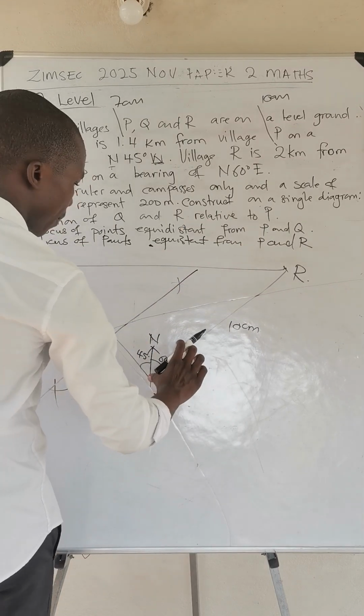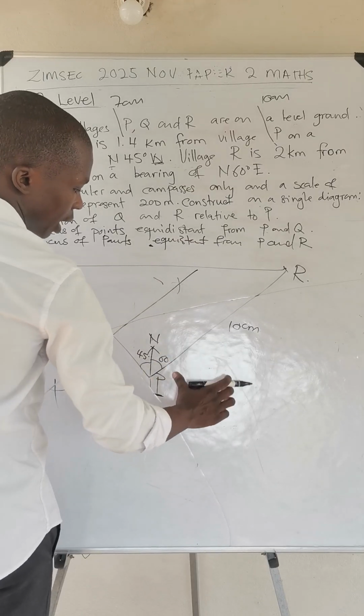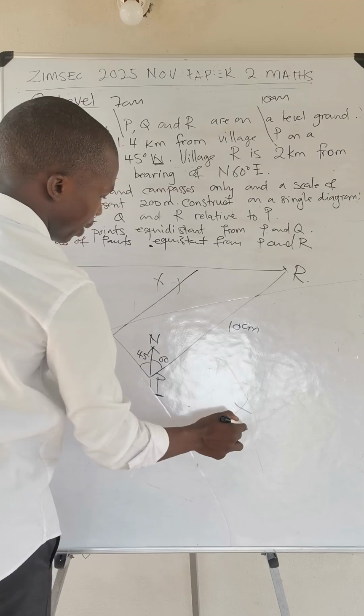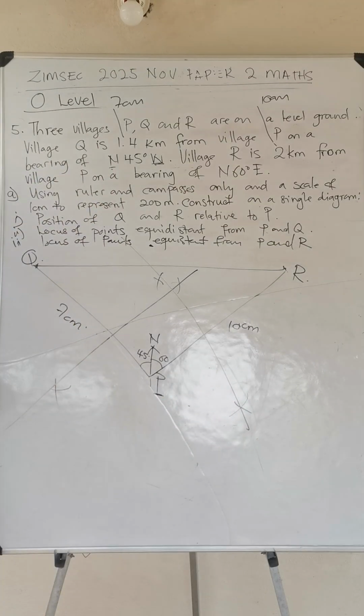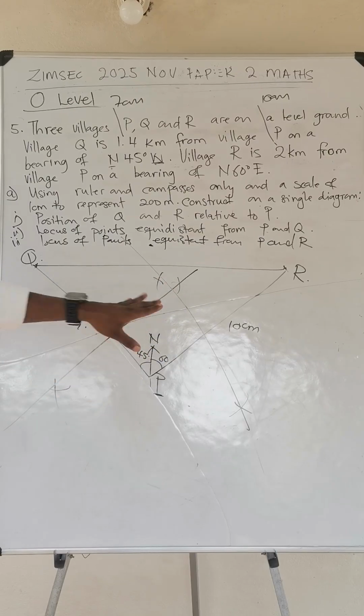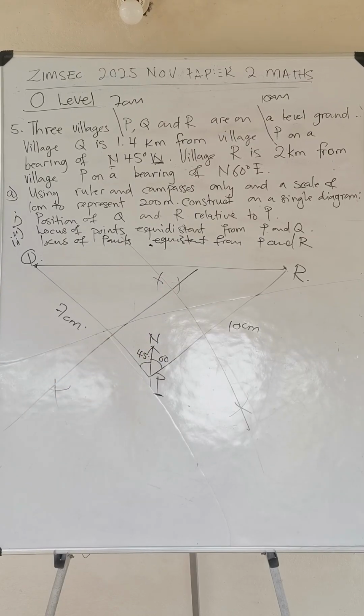So we place our compass here, we draw an arc here, and then an arc here, then another compass here, arc, then we connect the points with a straight line. We use a ruler to connect these points. Okay, so this is what we are supposed to do.